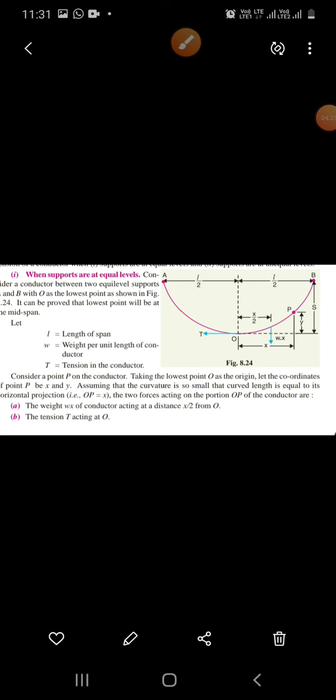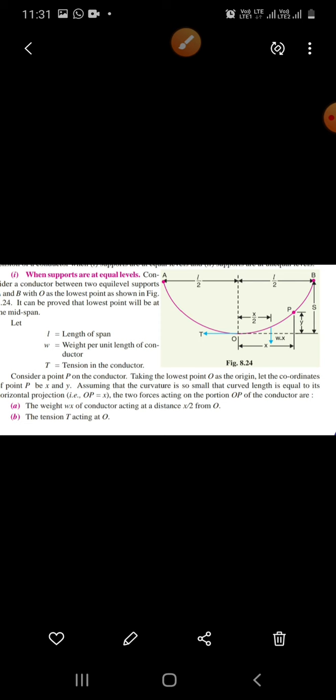Assuming the curvature is so small that the curve length is equal to its horizontal projection, that is OP is equal to x.